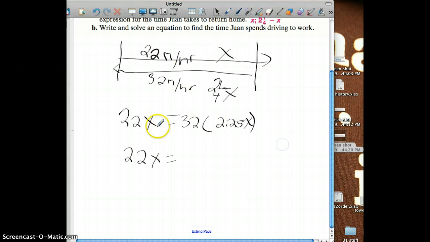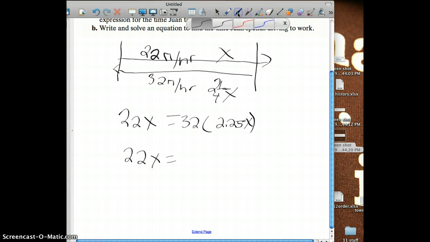So back to my problem, I have 72 minus 32x.